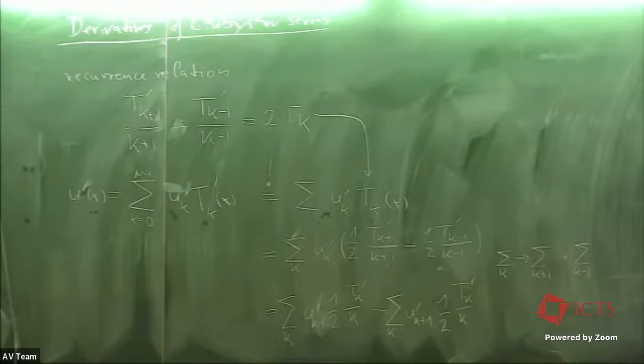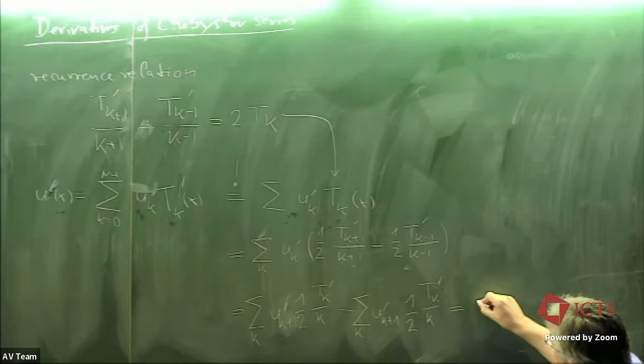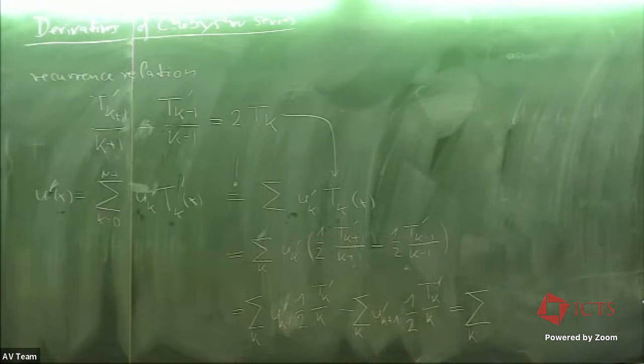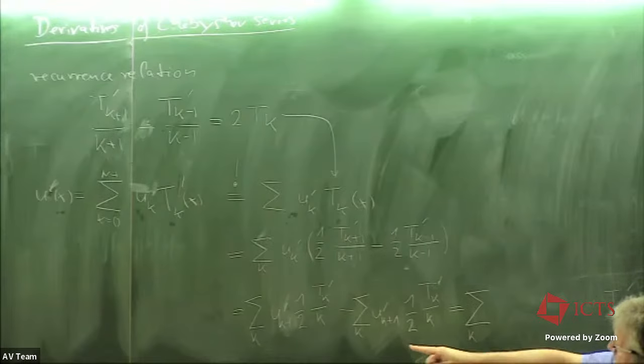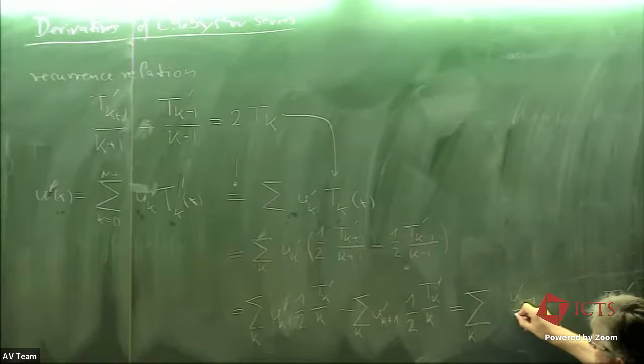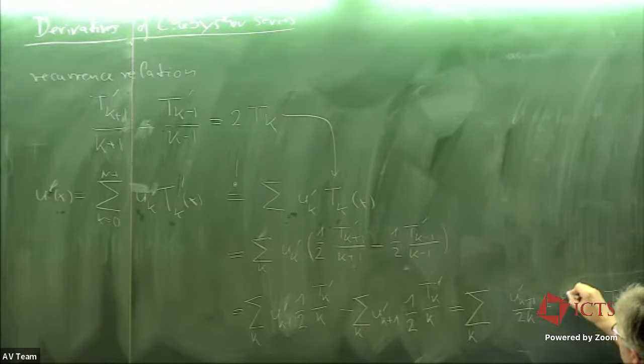And the reason why I did these renamings of the k's is that if I'm now collecting the terms here again, I have a sum over k. At the end of it, I have a T_k prime. And in the middle, I have u_k plus u_(k-1) over 2k minus u_(k+1) over 2k.